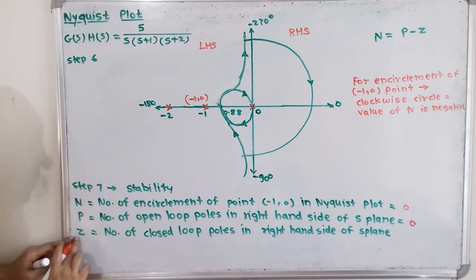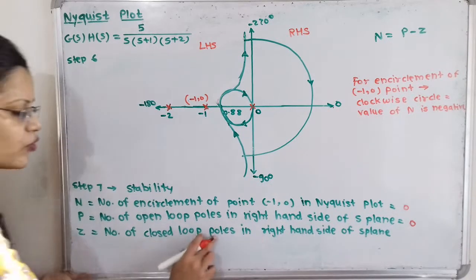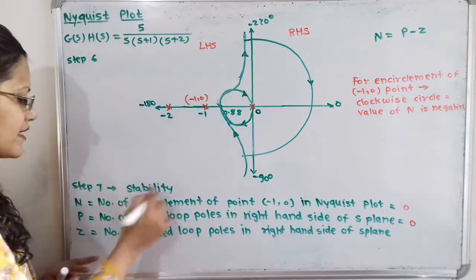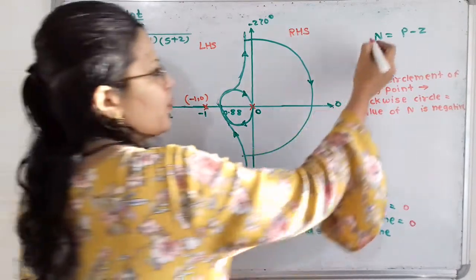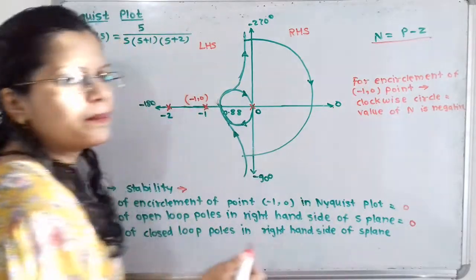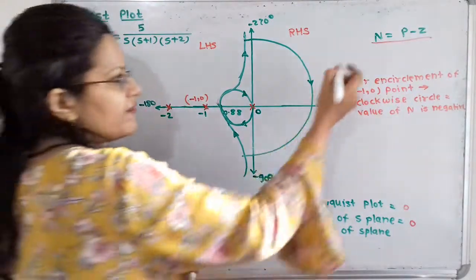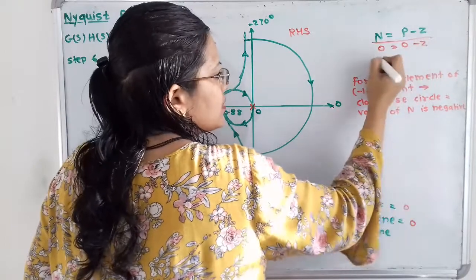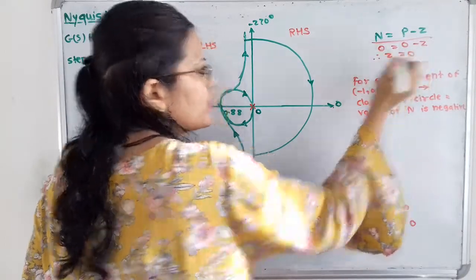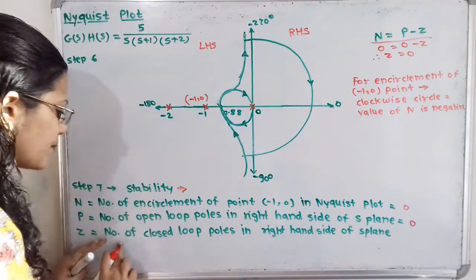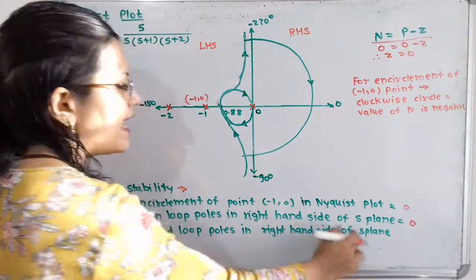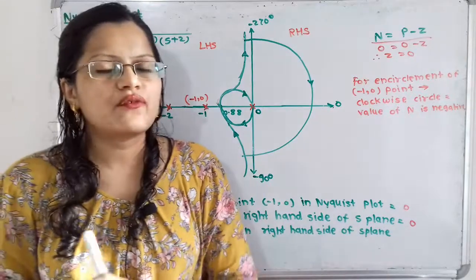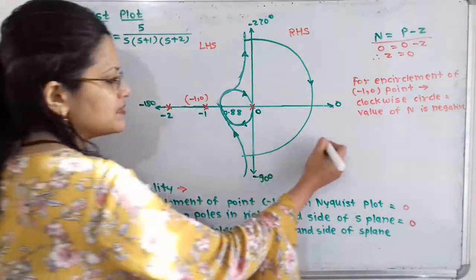Then we have to calculate Z, the number of closed loop poles in the right hand side of the S plane. To determine the stability, we have the formula n is equal to P minus Z. If I put 0, it is equal to 0 minus Z, therefore Z is also equal to 0. So the number of closed loop poles in the right hand side of the plane is 0, and therefore we can say that the system is stable.